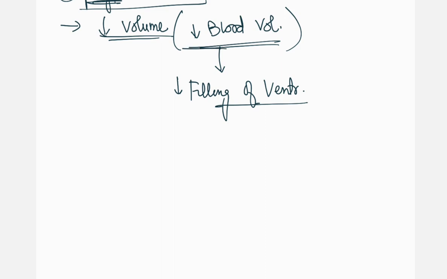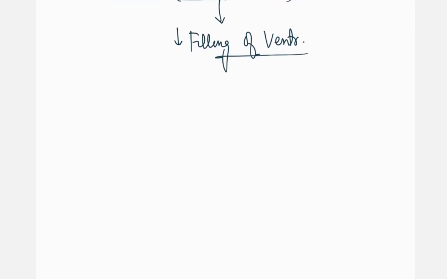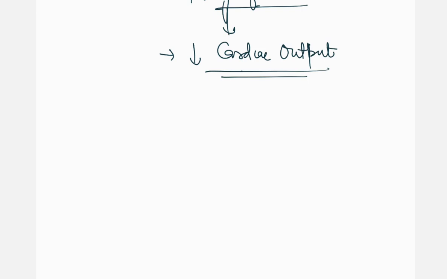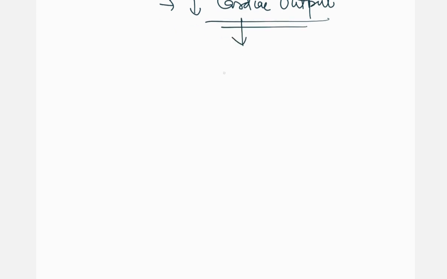When there is decreased filling of the ventricles, there is not much volume for the heart to pump, so that creates decreased cardiac output, which eventually decreases the systolic blood pressure as well.